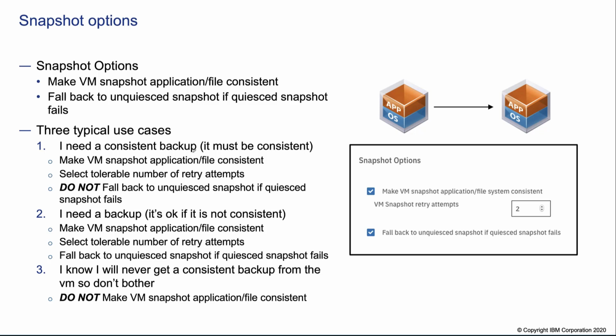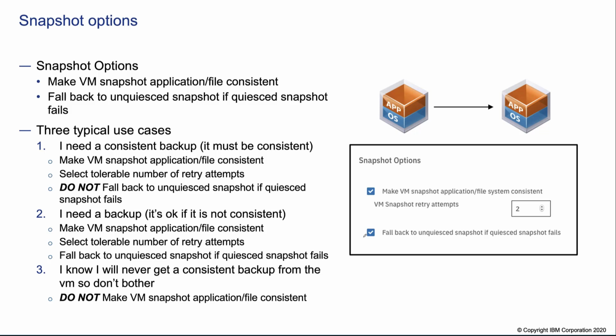If we try to make a snapshot and it fails for some reason, we will retry to make a snapshot. But the point is, we're not going to fall back on an unquiesced snapshot if the quiesced snapshot or the consistent snapshot fails. And so what you want to do is select the top box for number one, and unselect the fallback box.